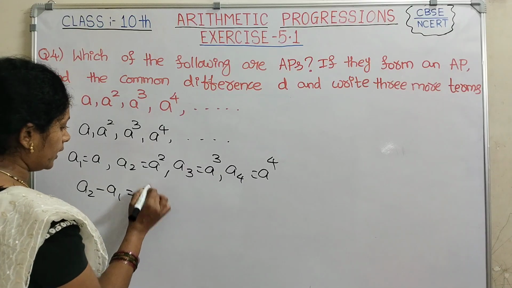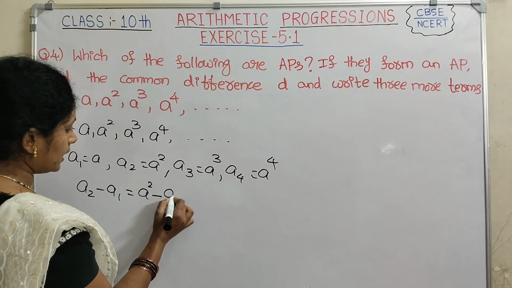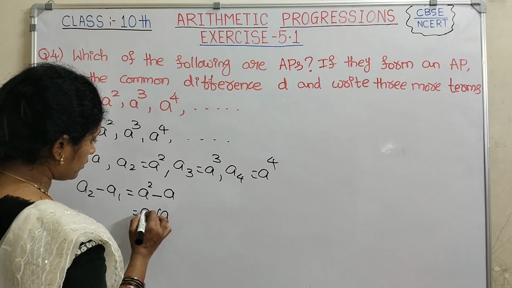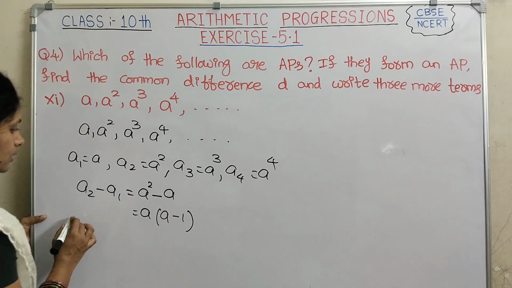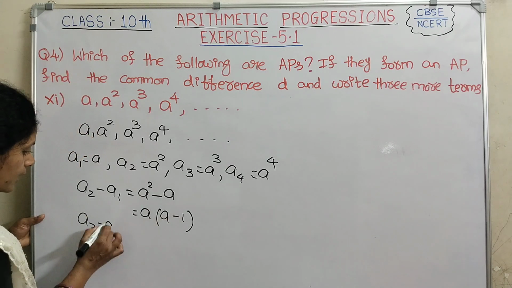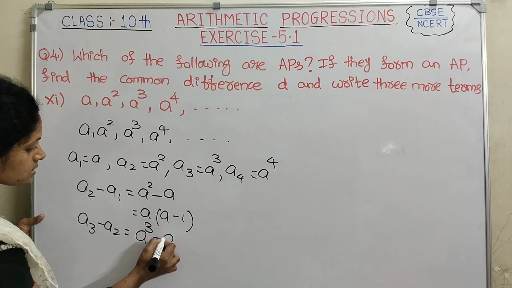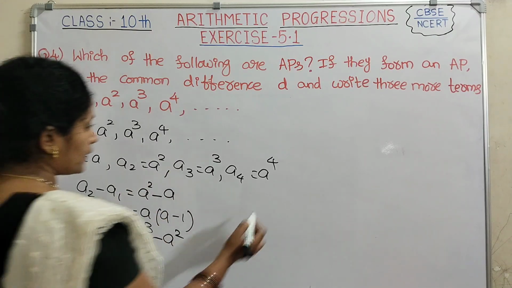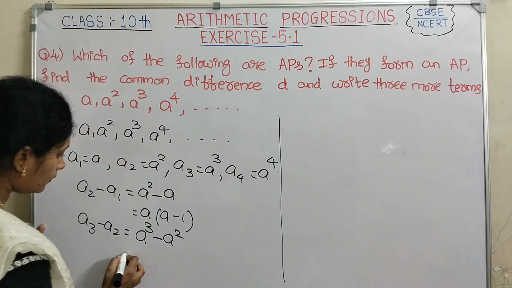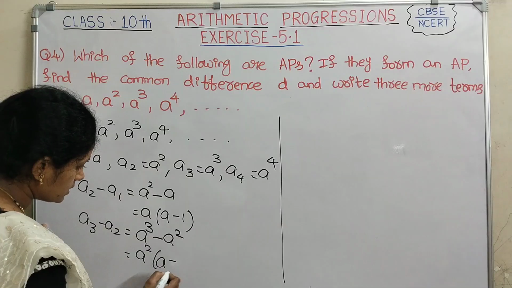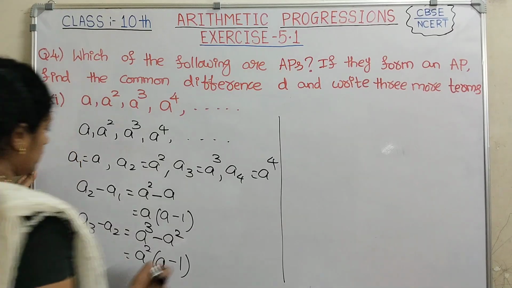A2 is A square minus A1 is A. If we take A common from it, then it will be A into A minus 1. Next, A3 minus A2, A cube minus A square. If we take A square common from this, it will be A square into A minus 1.